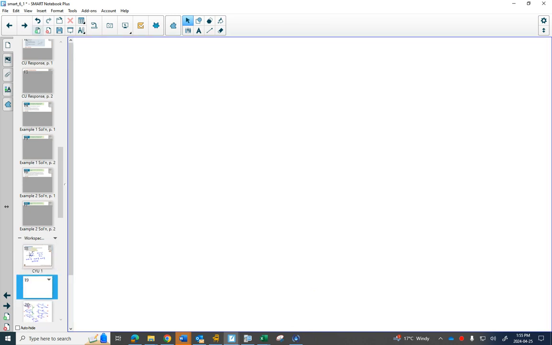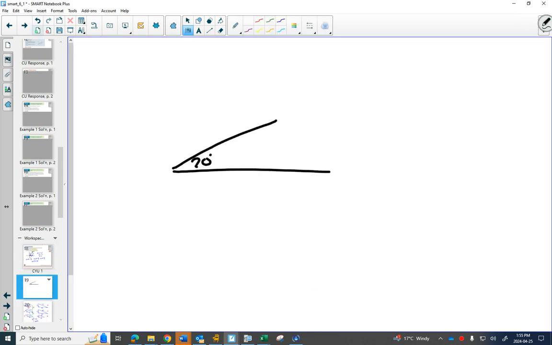Well, if you had a protractor and measured 20 degrees, oh, I was close. That's about 20 degrees. It's very accurately drawn.